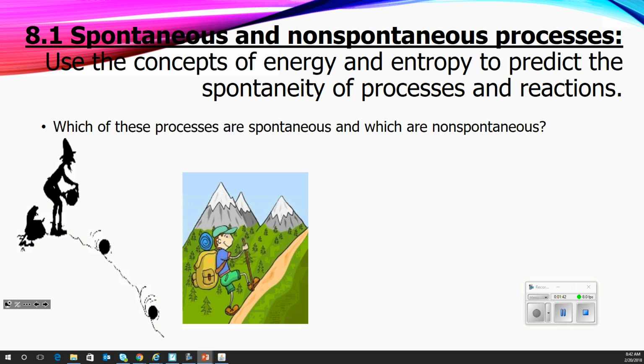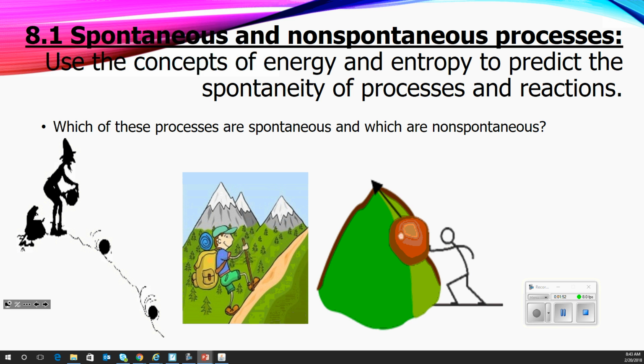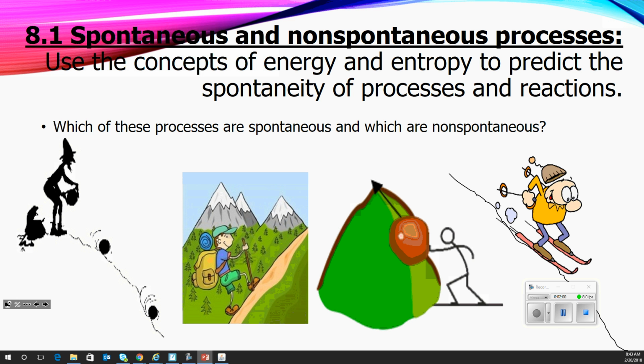What about climbing a mountain? Is that spontaneous or non-spontaneous? Non-spontaneous, good, because it wouldn't automatically happen. I have to put some energy into it. Okay, what about pushing a rock up the hill? Non-spontaneous, again, I have to put effort into it. And what about skiing downhill? Spontaneous, only for me it would be more like becoming a snowball coming down the hill, because I would tumble.